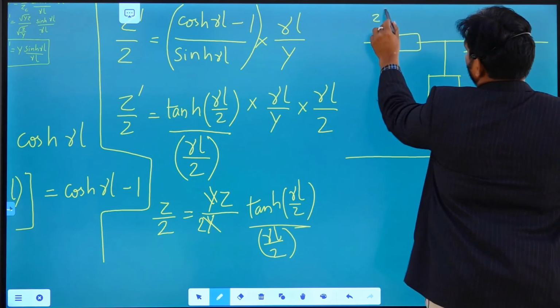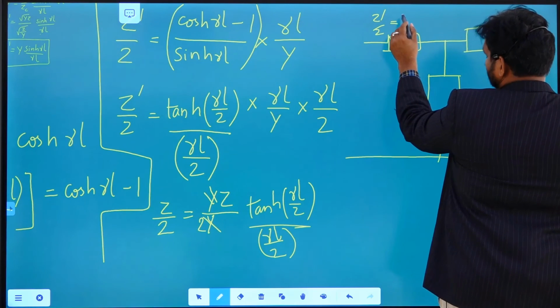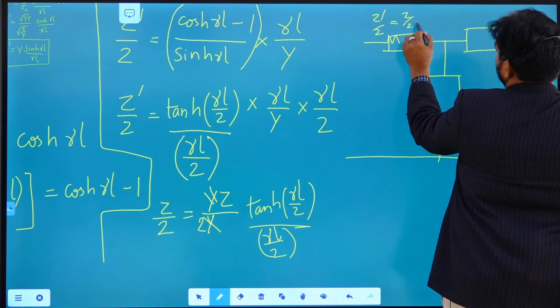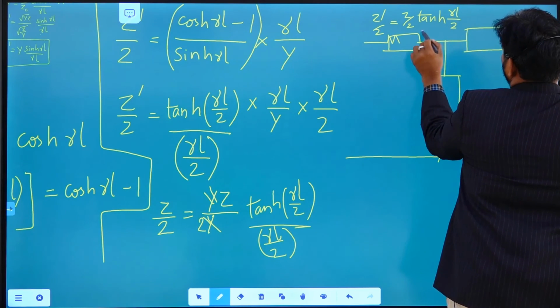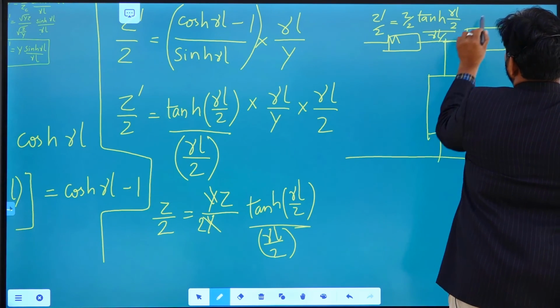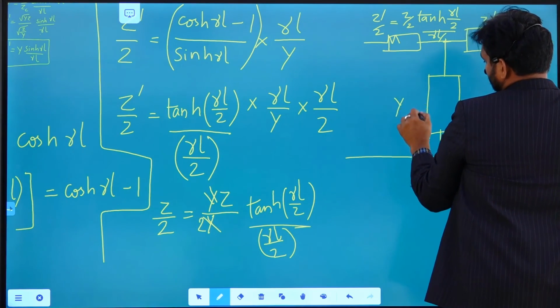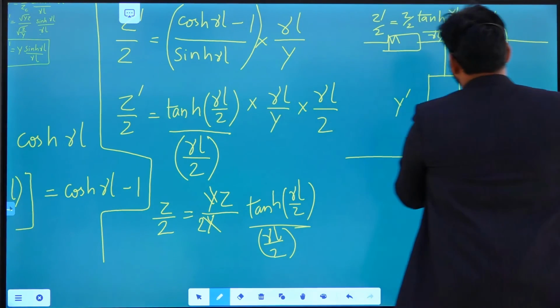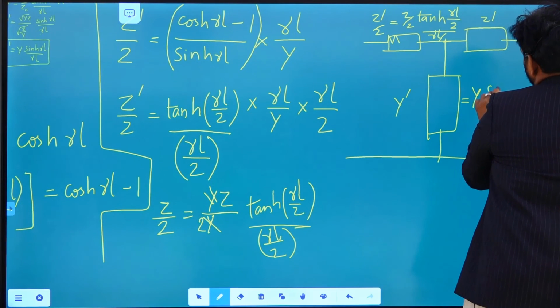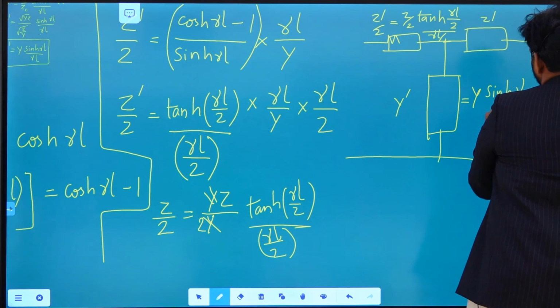So here this is Z dash by 2, which we got as Z by 2 into tanh of gamma L by 2 upon gamma L by 2. This is Y dash, which we got as Y into sinh of gamma L upon gamma L.